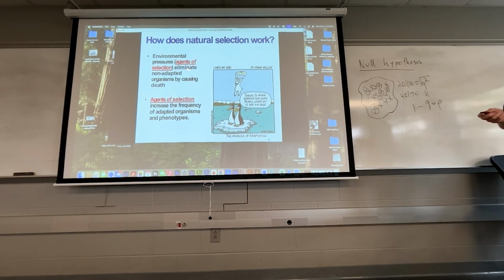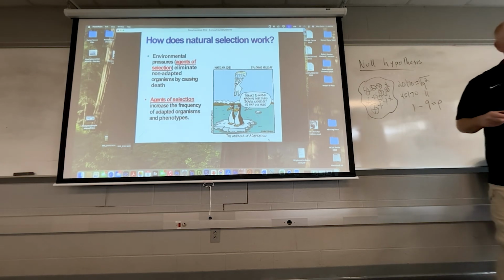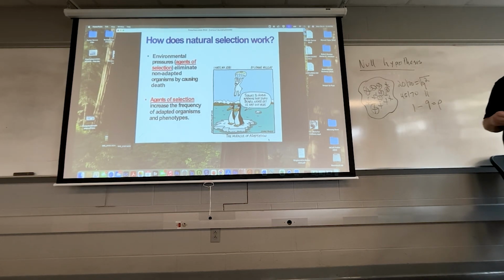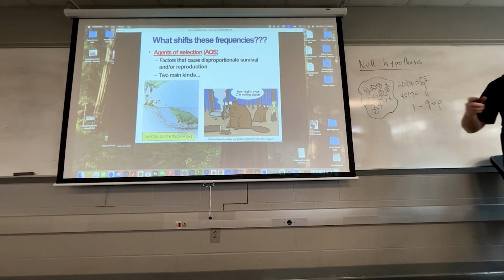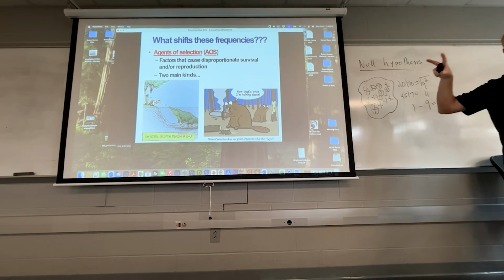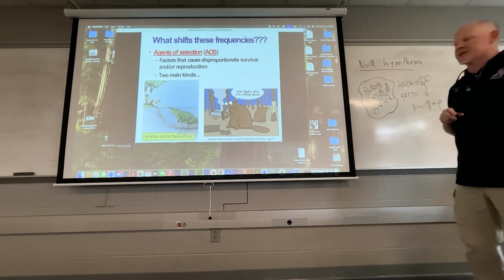These eliminate non-adaptive organisms by causing death, all right, to other genotypes and phenotypes. It increases the frequency of adapted organisms over other phenotypes. There are a number of different agents of selection, all right, and there are basically 2 major genera, if you will, of agents of selection that cause natural selection.